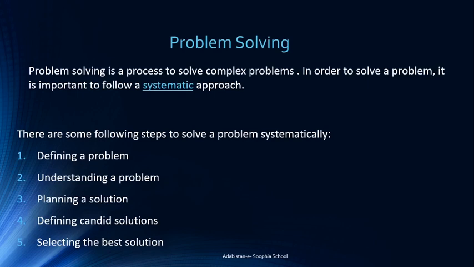If you do not use a proper sequence, then you cannot get your solution properly. If you change the order of the problem solving step, then definitely you cannot approach your solution.